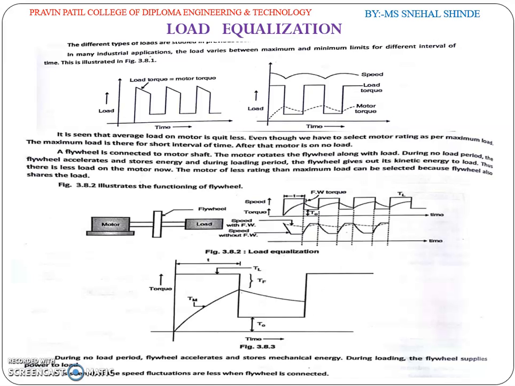During the no load period, the flywheel accelerates and stores energy, and during the loading period, the flywheel gives out its kinetic energy to the load. Thus, there is less load on the motor now. A motor of less rating than the maximum load can be selected because the flywheel also shares the load.